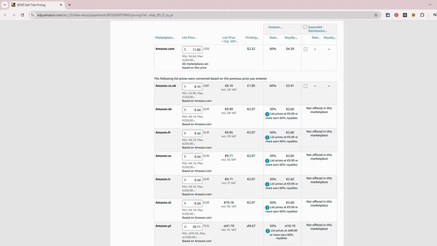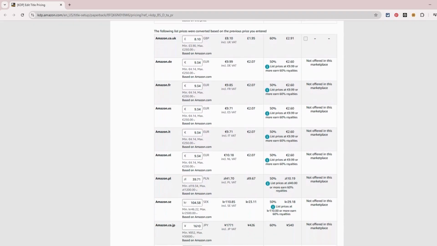Numbers like 9.99 or 11.99 tend to feel cleaner or more appealing than random prices like $10.43. And of course, you can always come back and adjust the prices later. It's really not permanent. Just a quick tip, I usually preview how my price affects other marketplaces too, and round those numbers up or down to keep them tidy.